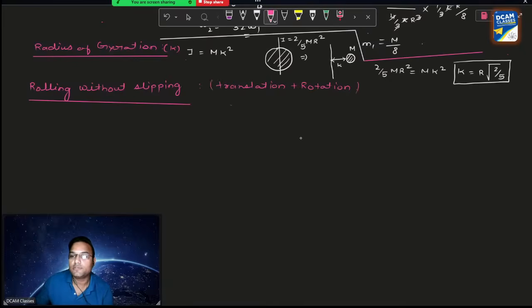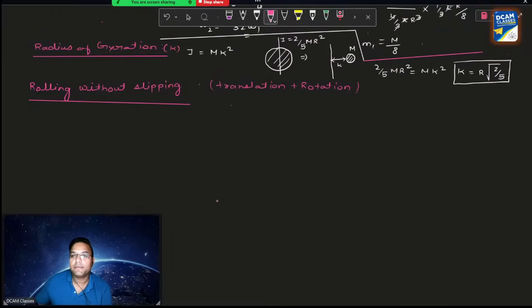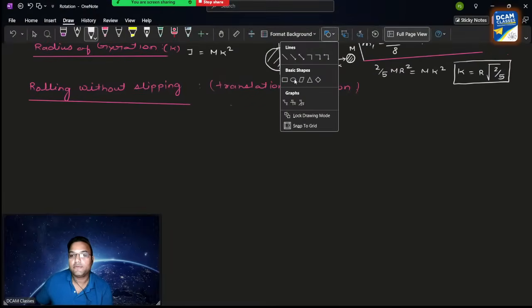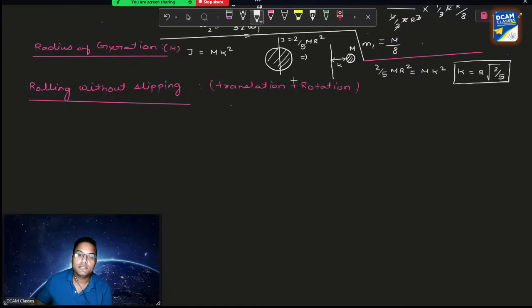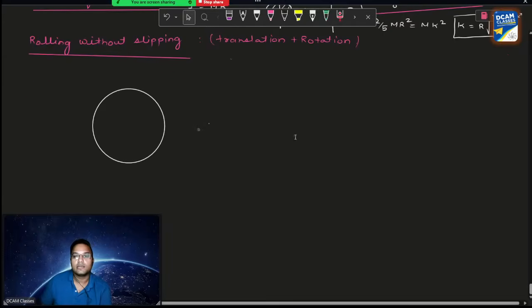It's translation plus rotation motion combined. Where do we see this rolling without slipping? Actually in many places in our daily life. You move in a car, or you may be driving a bicycle.